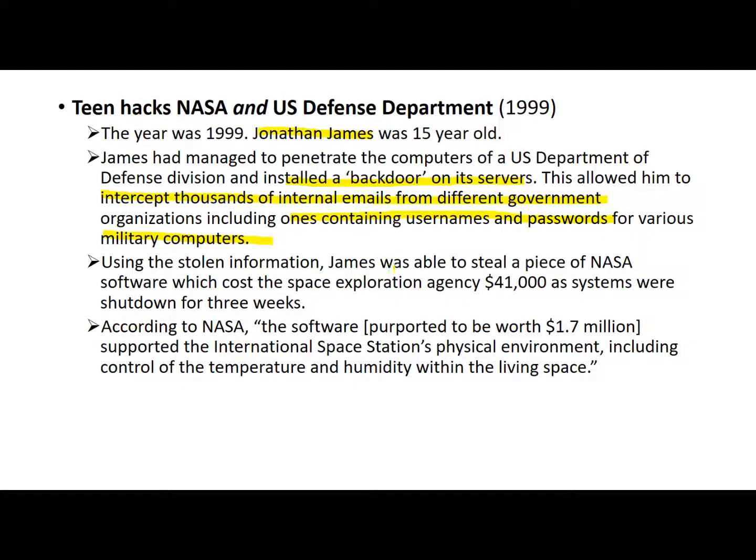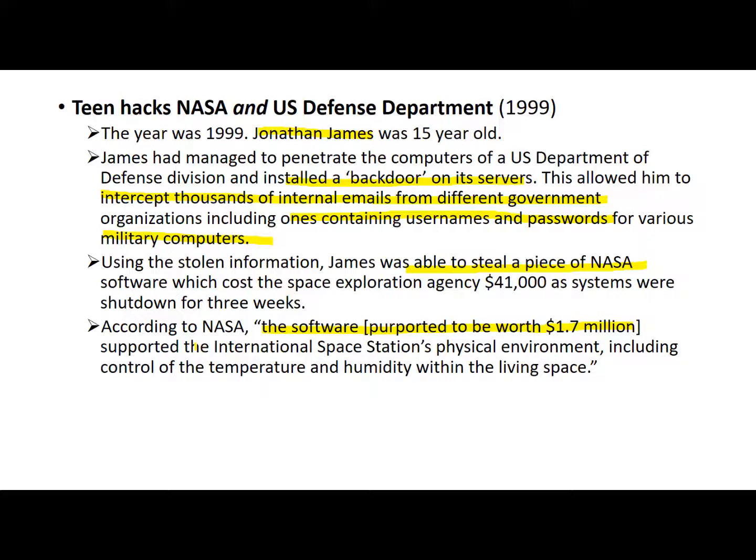Then he was able to steal a piece of NASA software, which cost the Space Exploration Agency $41,000 US, as the system was shut down for 3 weeks. But most important, the software is very valuable, purported to be worth $1.7 million.